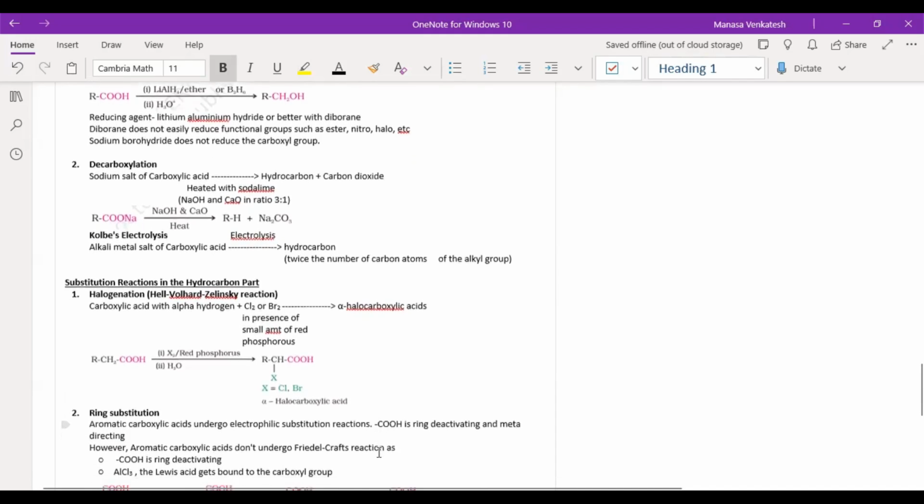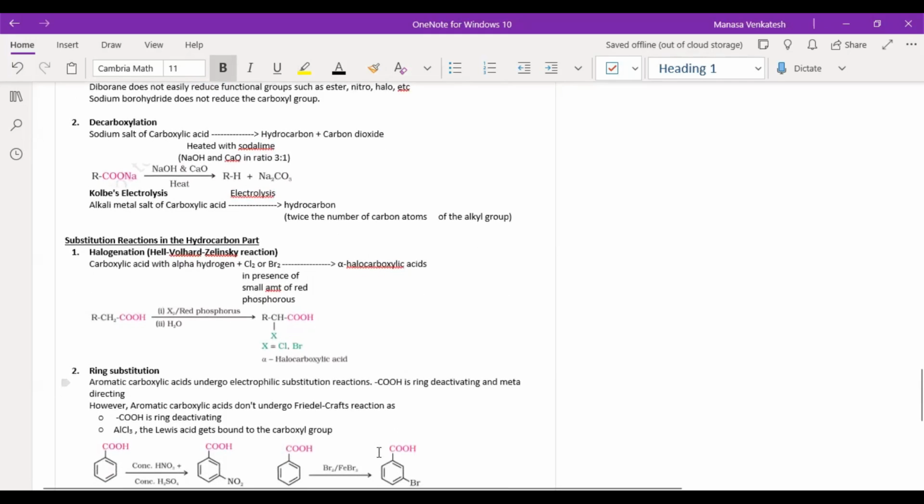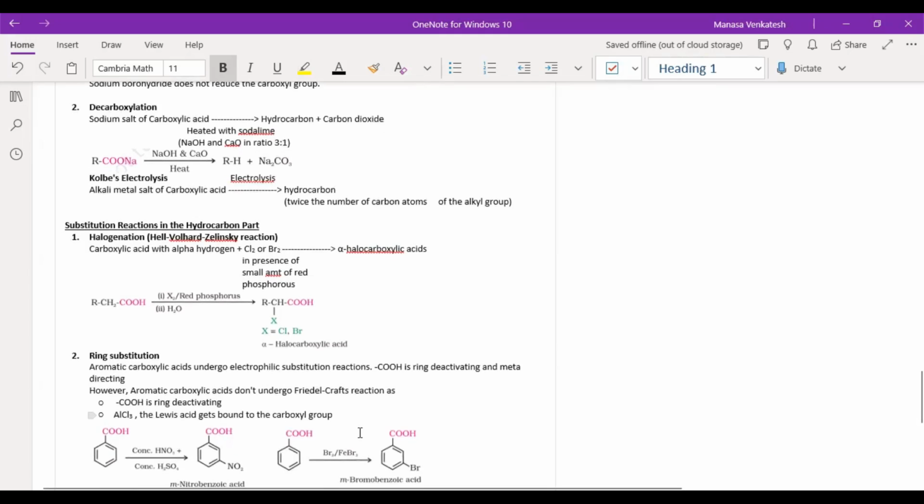The last reaction is the ring substitution. Aromatic carboxylic acids undergo electrophilic substitution, and obviously COOH is ring deactivating, so it is going to be meta-directing in nature. But it does not undergo Friedel-Crafts reaction. This is because COOH is ring deactivating. Secondly, AlCl3 acts as a catalyst in a Friedel-Crafts reaction, right?